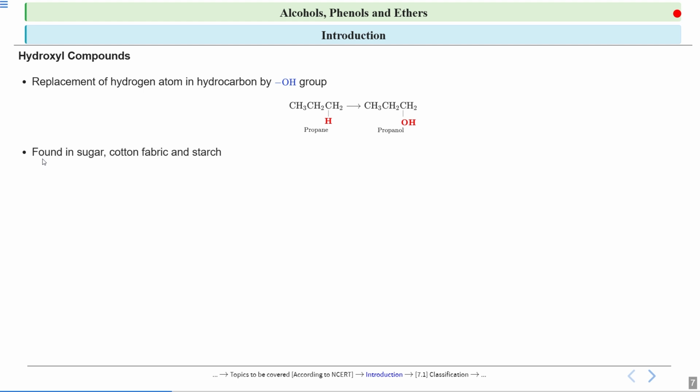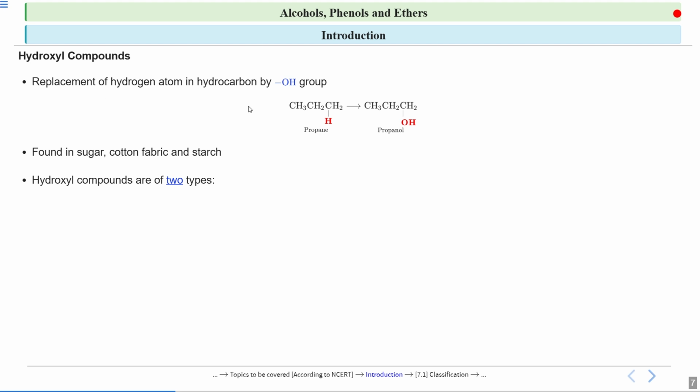Alcohols are found in sugar, in cotton fabric and starch. Hydroxyl compounds are of two types. So we are talking about hydroxyl compounds, not specifically about alcohols. Alcohols are a type of hydroxyl compound.